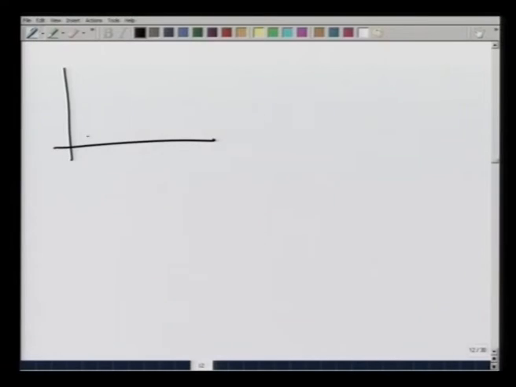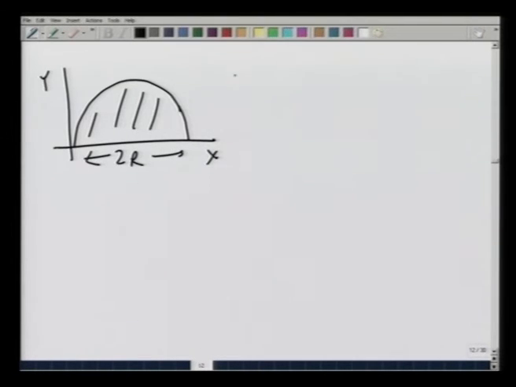So, I have my for the semicircle of diameter 2r equals this integral.